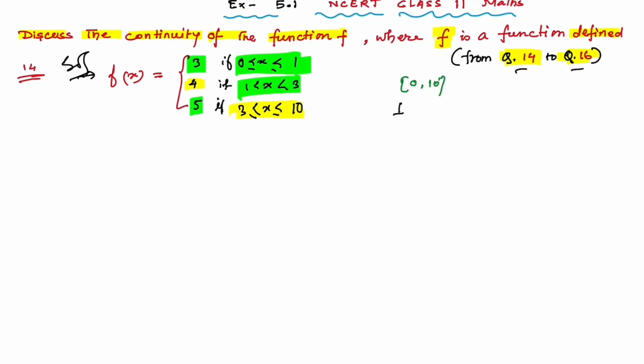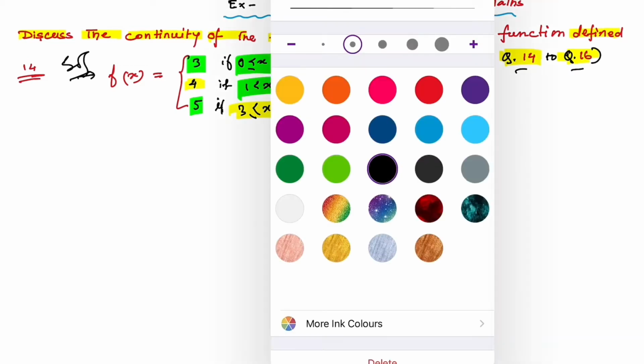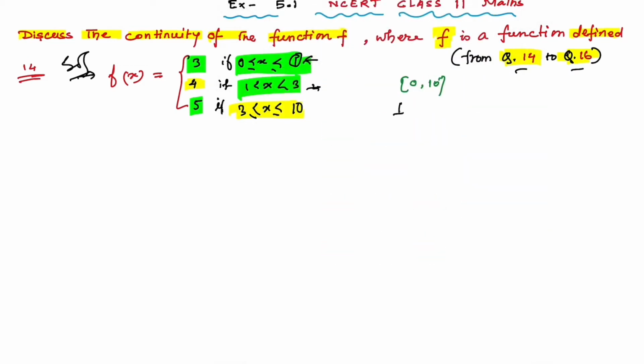What are the points of partition here? 1 and 3. These are the points of partition. So let me check its continuity at 1 first. 1 and 3 are the possible points of discontinuity, as those are the points of partition.